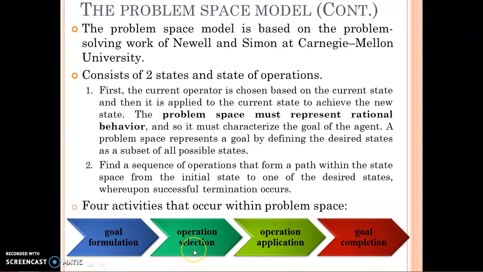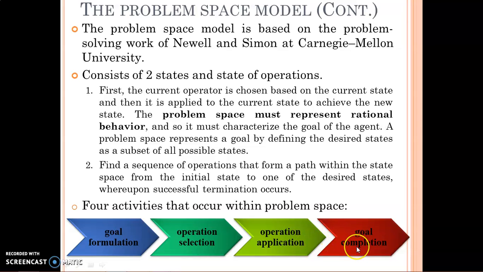The operation selection process selects the appropriate operation at a given point in time because it is deemed the most likely to transform the state in the problem space to one of the desired states. Hence, rational behavior is implied. The operation selection process suggests an operation that can act on the state and transform it closer to the desired state. The operation application process executes the operation, changing the current state and the surrounding environment.